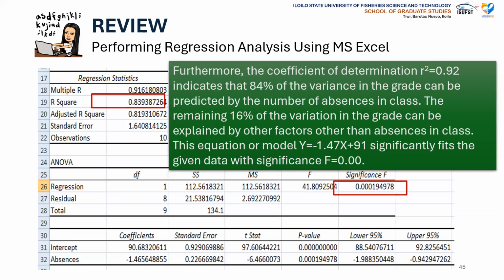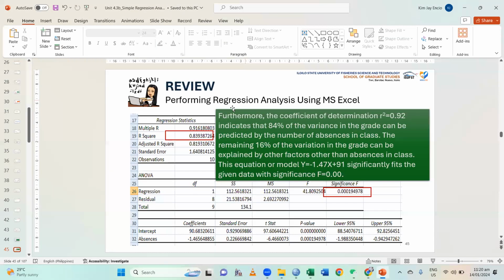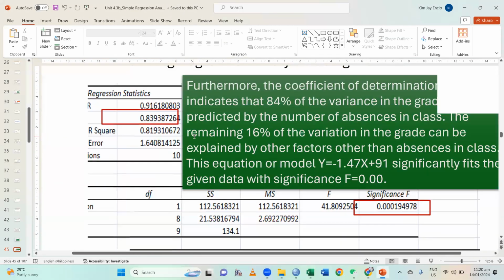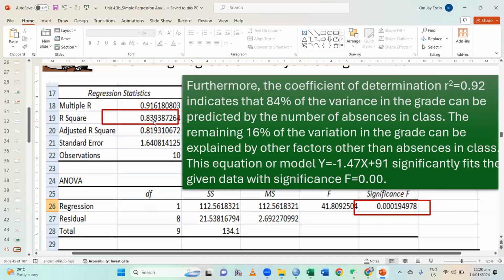Furthermore, the coefficient of determination, your r squared, equals, it should be what? Coefficient of determination is not 0.92. Round this to two decimal places. It's 0.84, right?